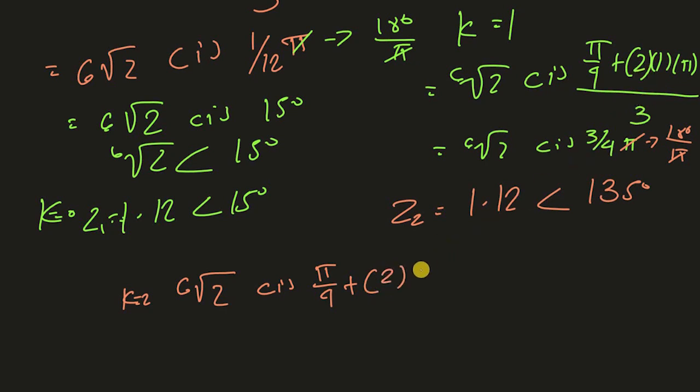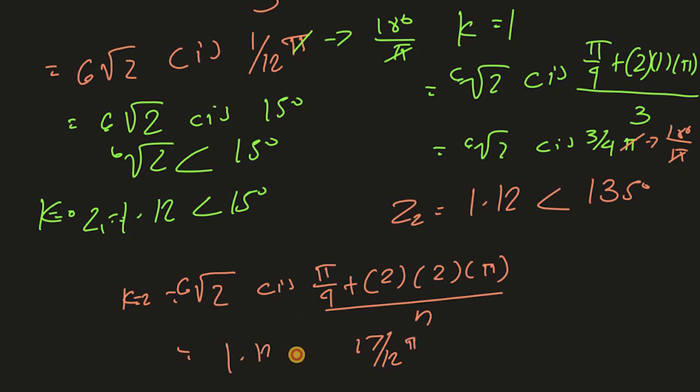Ang k naman natin ngayon is 2 times pi. So that's 4 pi over n. So to solve for that, using our magic calculator, that's pi over 4 plus 4 pi divided by 3. So that's 17 over 12 pi.